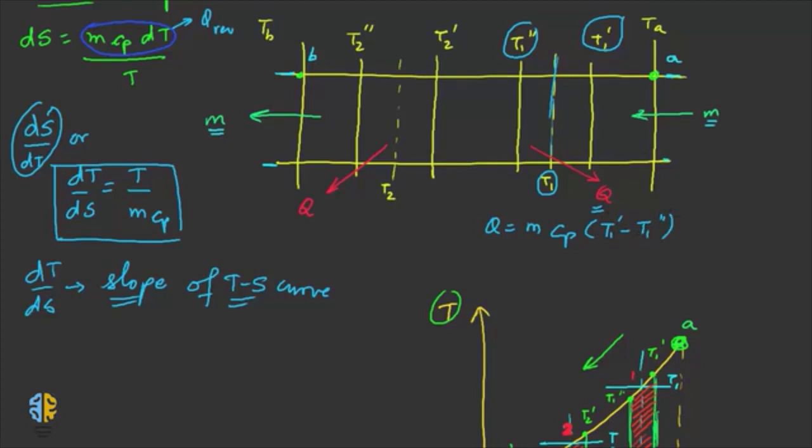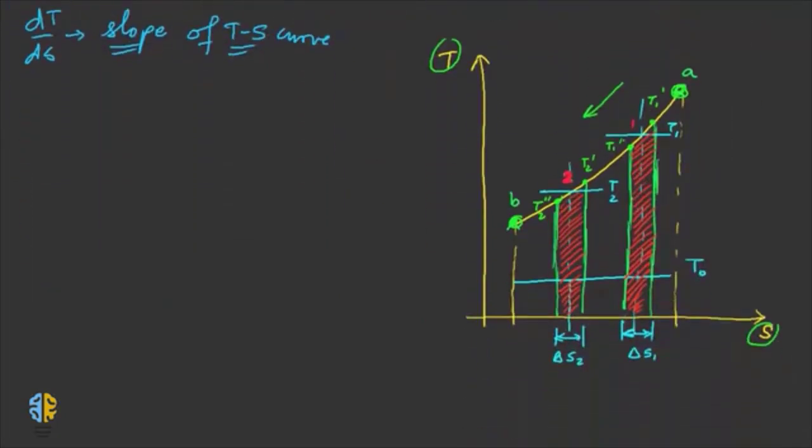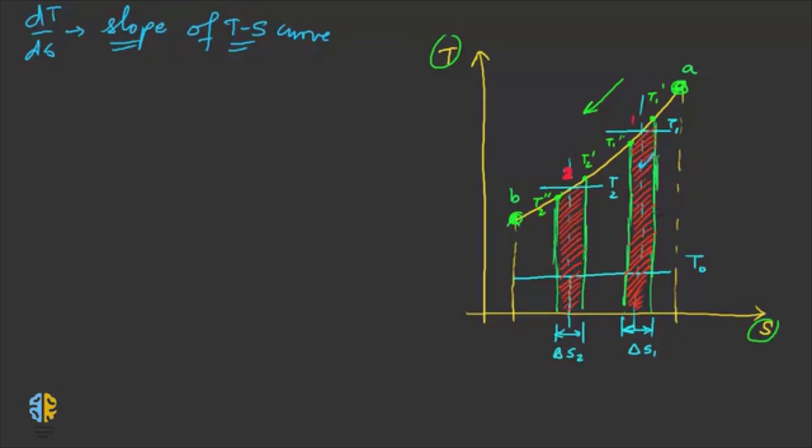Simple, isn't it? The average temperature is T1, so I can write this as T1 into delta S1, because this is the process depicted on the TS plot, which is this much area, delta S1.